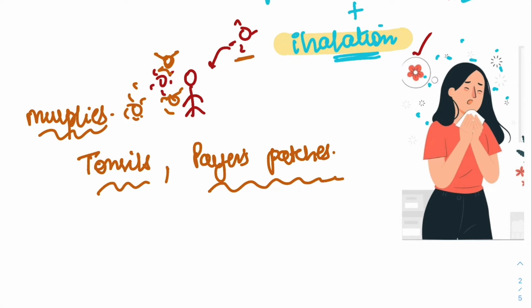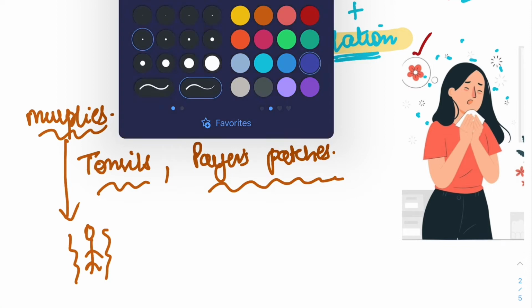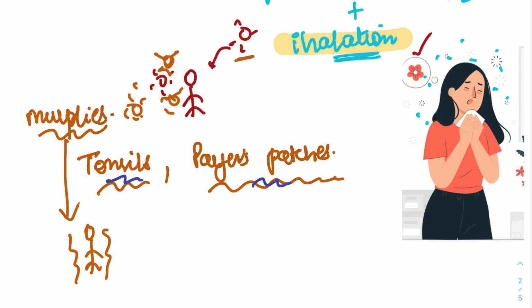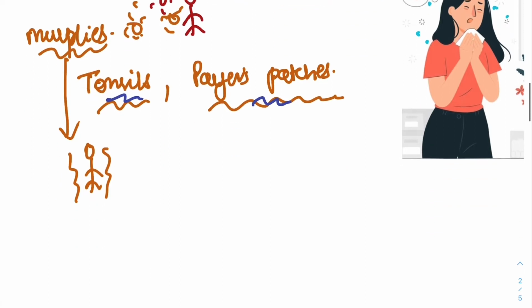So one virus multiplies into many, and once the virus has multiplied, it has to spread through the human body. It is now present in the tonsils and the Peyer's patches. From there, it has to spread throughout the body. How does this occur? It occurs via the blood.